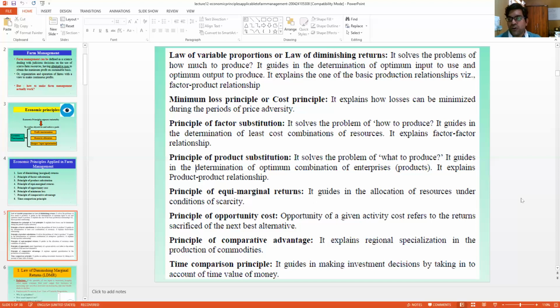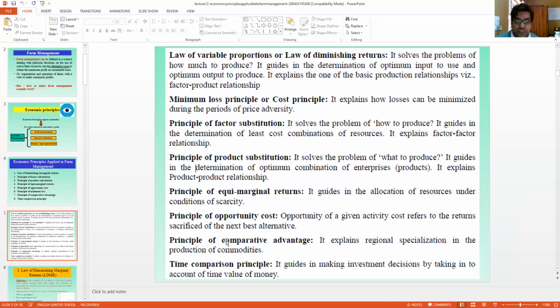So, returns foregone of next best alternative. The farmer's current return is more than the opportunity cost. But suppose the farmer takes up groundnut instead of cotton, then his opportunity cost is more, because cotton would have given him 40,000 rupees. Now the farmer is getting a return of 20,000 rupees and sacrificing a return of 40,000 rupees, right?